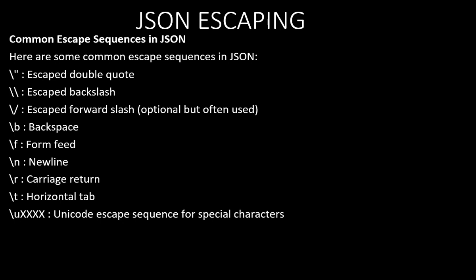So these are some of the special characters: double quotes and backslash. To escape the backslash also, you need to give one more. Like forward slash, backspace, new line, and all this. So this is a very important concept. Otherwise, if you don't follow this, you will encounter issues while working with JSON in Power Automate.